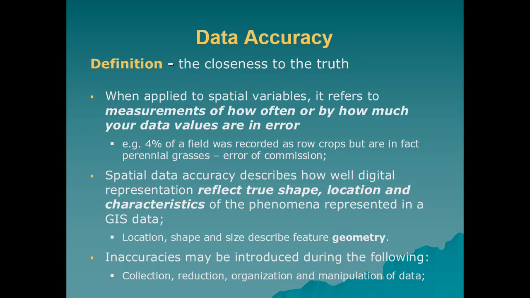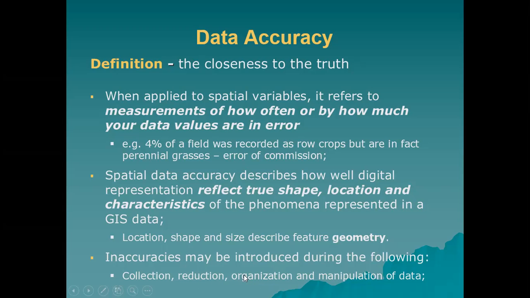Now, inaccuracies may be introduced into your data during the following: the collection of the data. So when persons are out there on the field collecting the data, or the data is collected using other types of instruments such as satellite imagery, etc. Inaccuracies or errors can be introduced during the reduction and organization of the data.